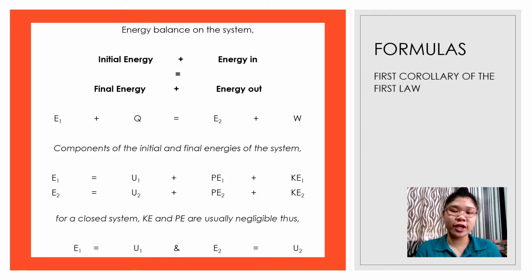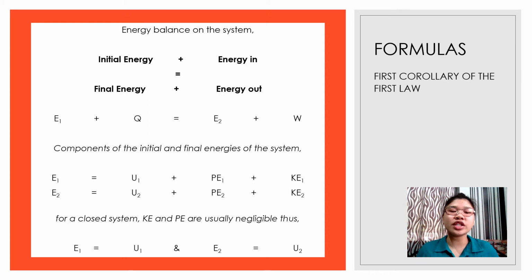So in symbols, we have here E1, that is the initial energy, plus energy in, which is Q, heat. And then we have E2, the final energy, and then the energy out, that is work.